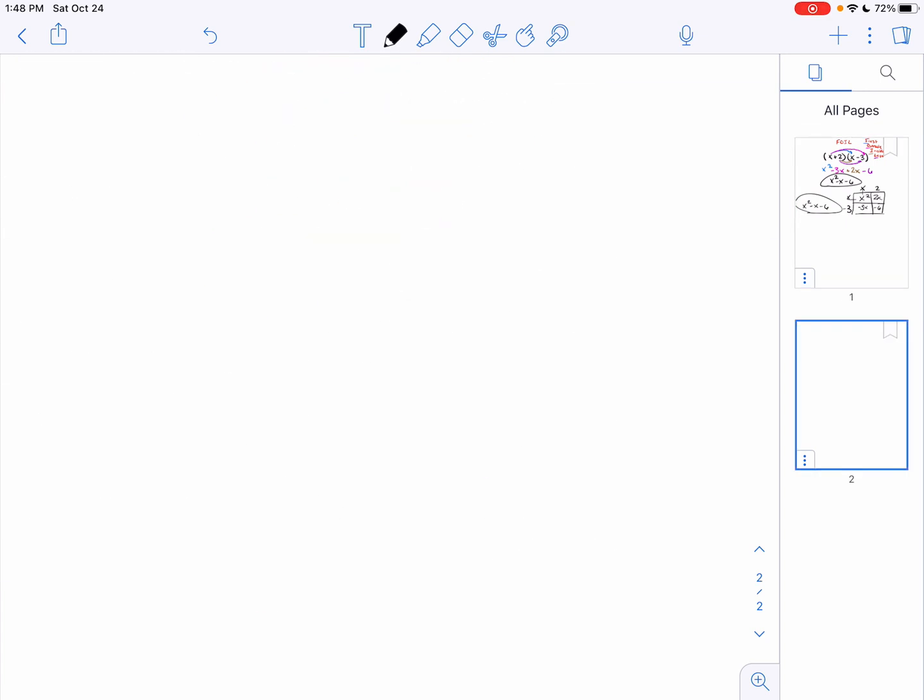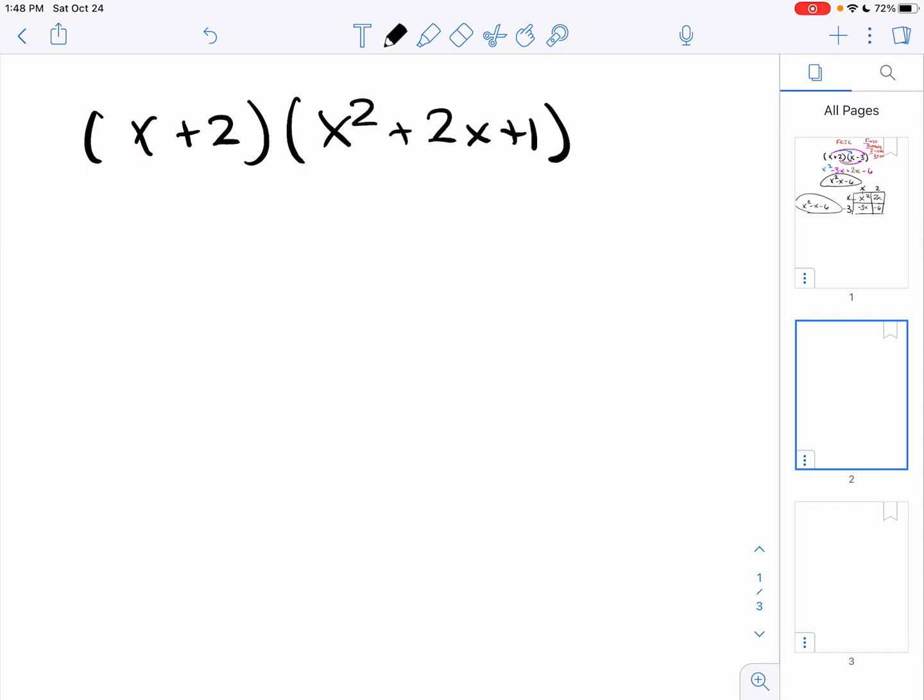So if you have to multiply something like this, x plus 2 and x squared plus 2x plus 1, this is a binomial multiplied by a trinomial. There's no acronym to do anything like this.